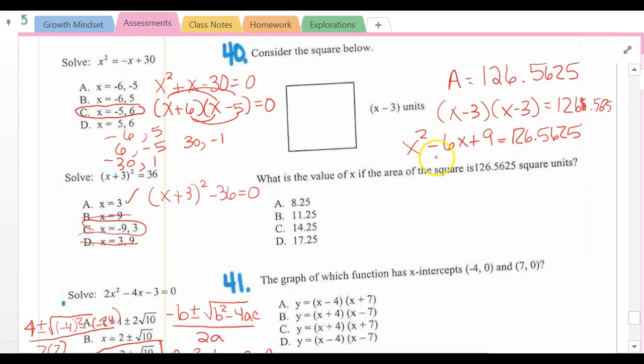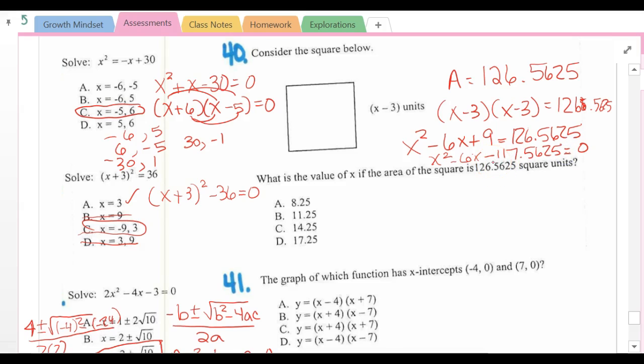If we subtract this over, we're going to get x squared minus 6x minus 117.5625 equals 0. Now, I don't know about you, but I don't think I want to factor that out.